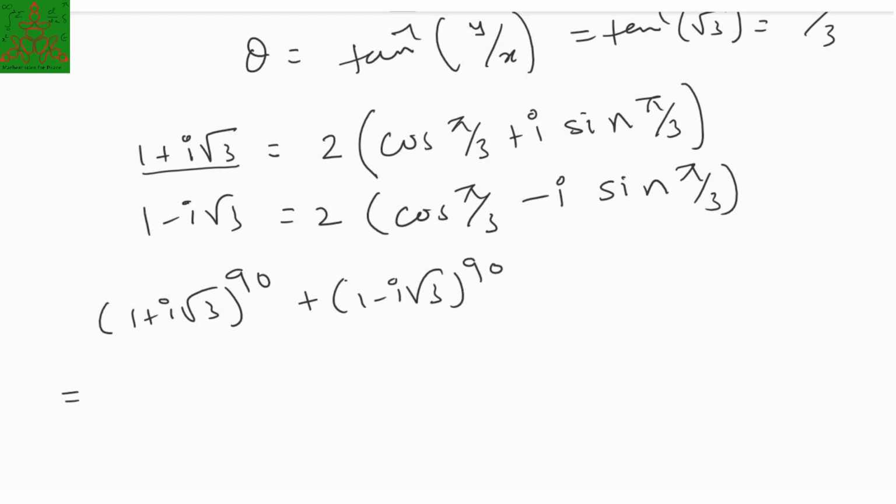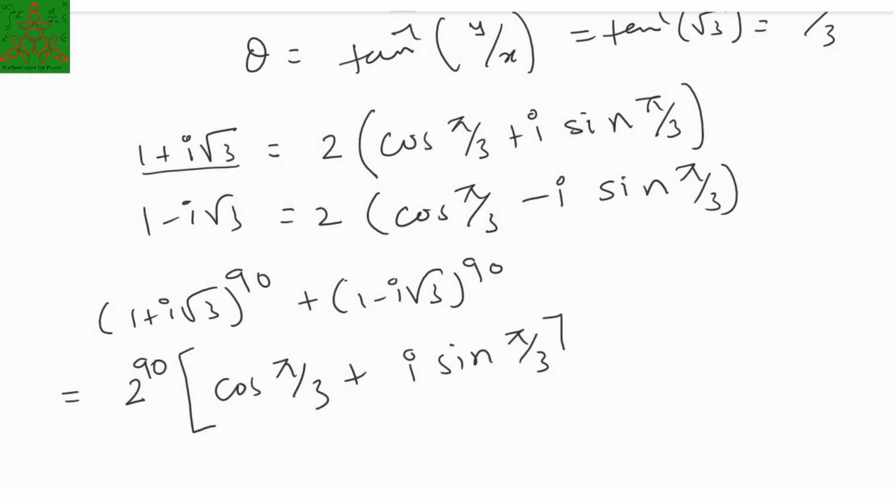So if I use this expression, 2 raised to 90 will come here, and (cos π/3 + i sin π/3) raised to 90, plus 2 raised to 90 is there, and (cos π/3 − i sin π/3) raised to 90.